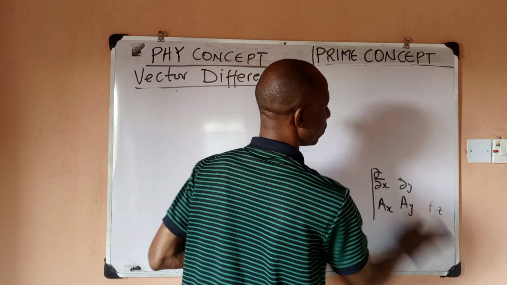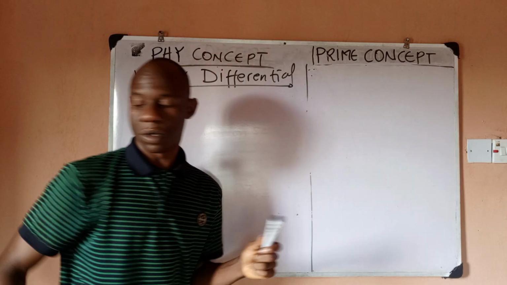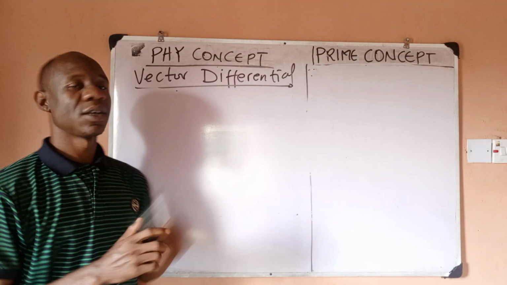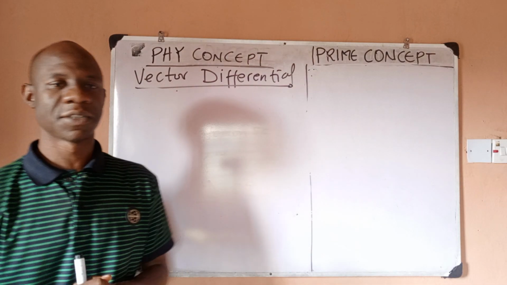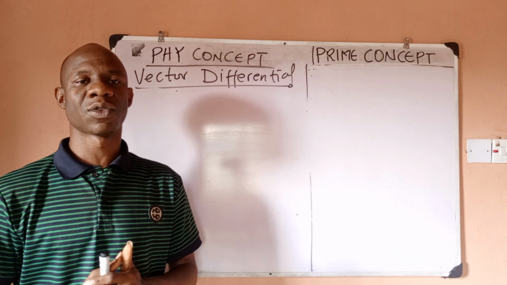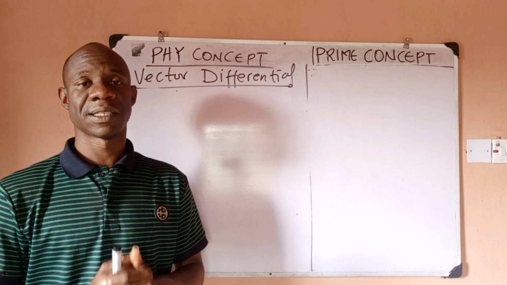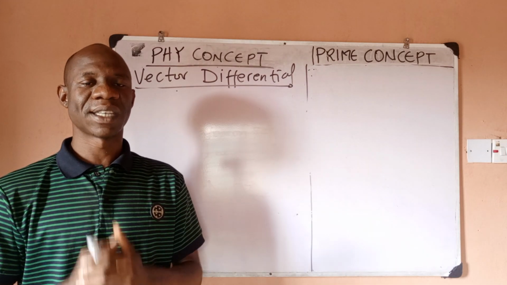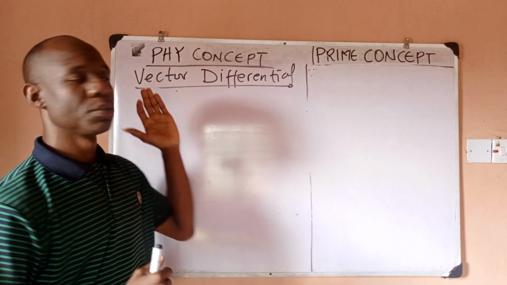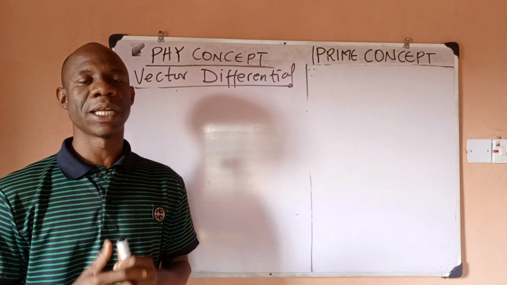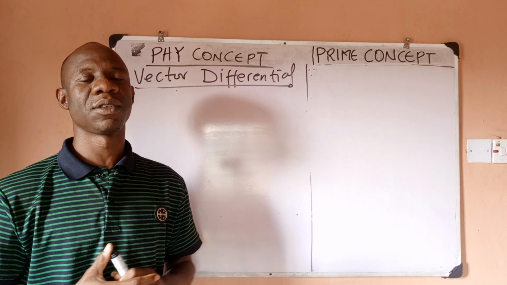What I'm just trying to do is a summary. I'm trying to summarize the vector differential based on demands from students. Some students reached out to me from some universities I won't mention, and requested that I solve problems for them under vector differentials.